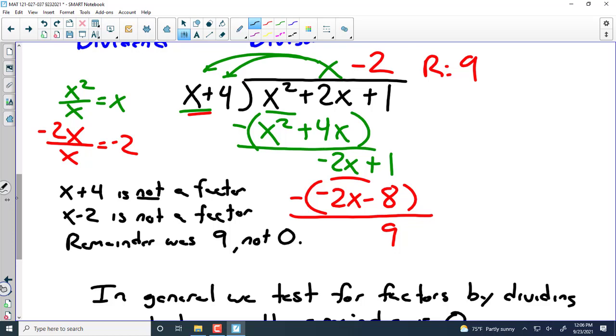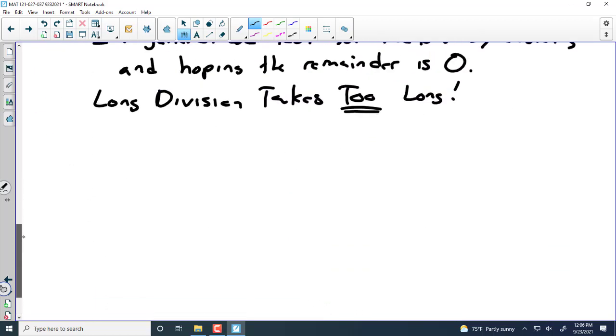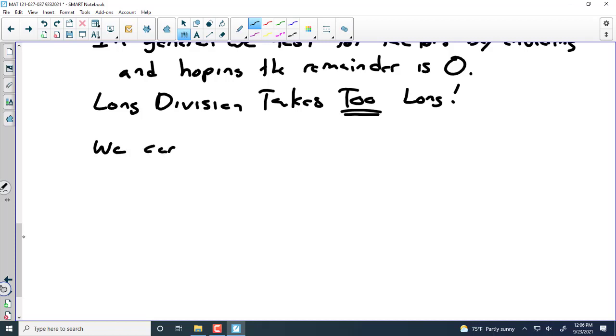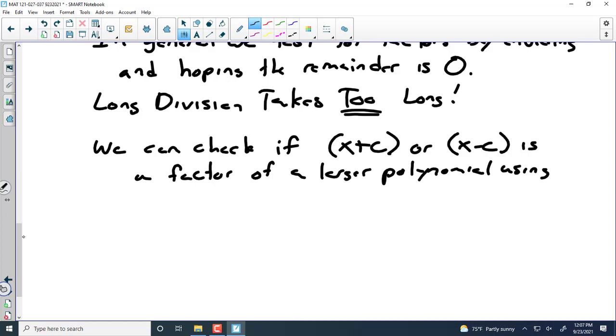So, we can check if x plus a number or x minus a number is a factor of a larger polynomial using synthetic division.